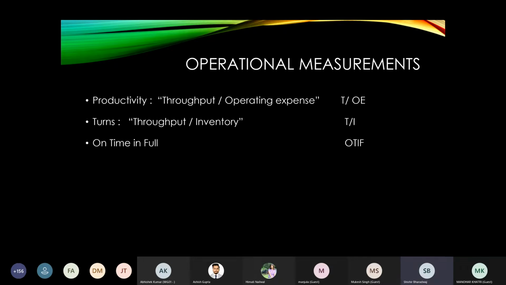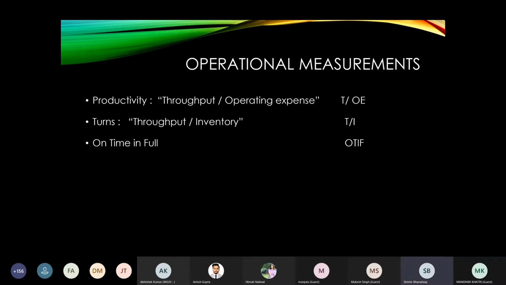And this is the part I've been trying to explain: how do you increase this productivity? If you increase throughput without increasing operating expense, fantastic. You increased productivity. The second measurement is called inventory turns: throughput divided by the inventory you had.